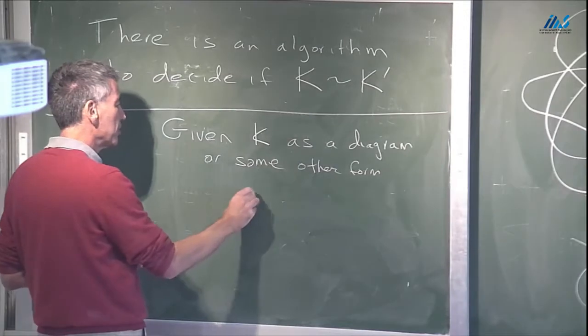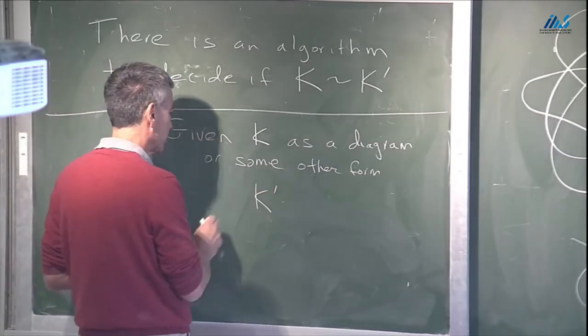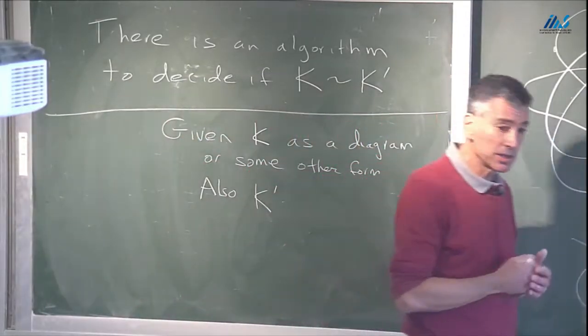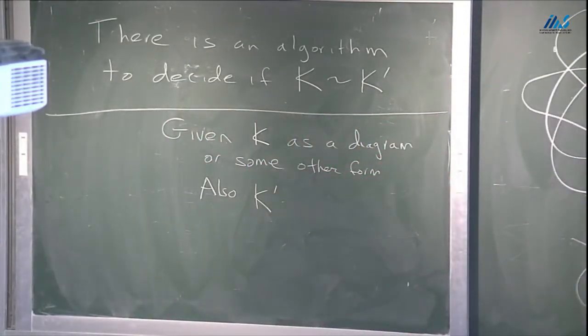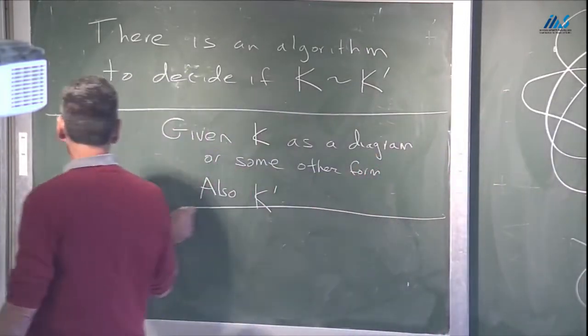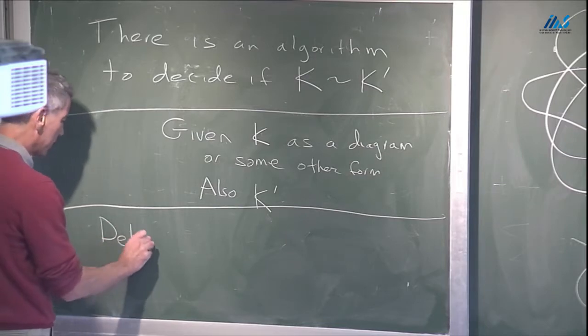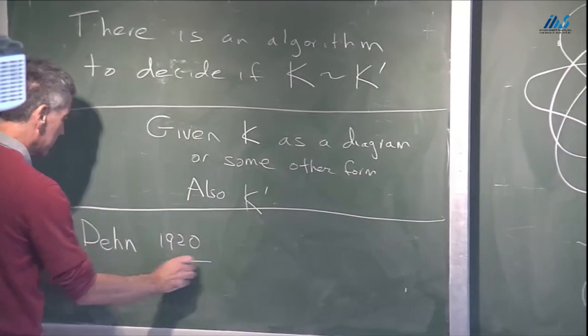So from the algorithmic point of view, it doesn't matter that much. You're given say two diagrams, and you're asked, do they represent the same knot or different knots? And that is algorithmically solvable. That was actually a very interesting history, that problem. It was asked by Dehn around 1920.